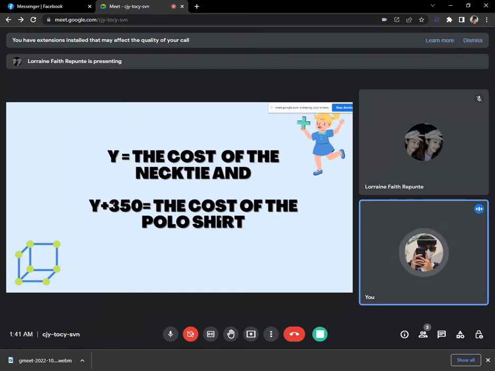To execute the plan, we solve the equation for y. In the equation y plus y plus 350 equals 700, it is understood that every variable has a coefficient of 1.